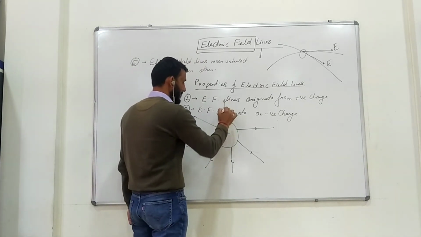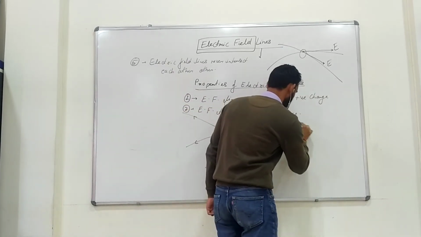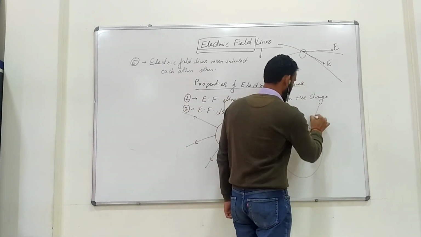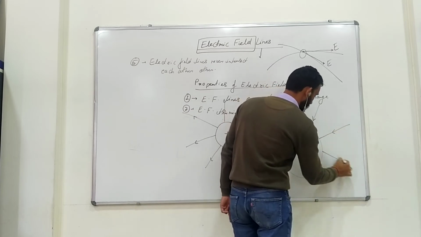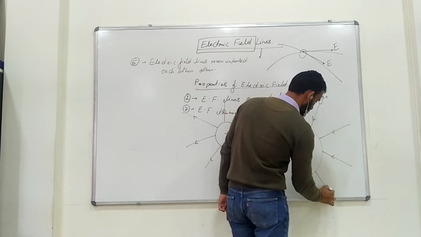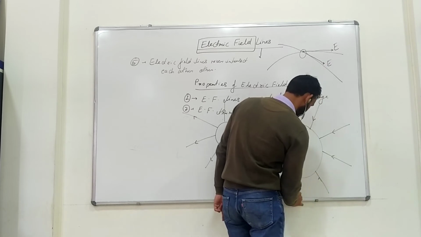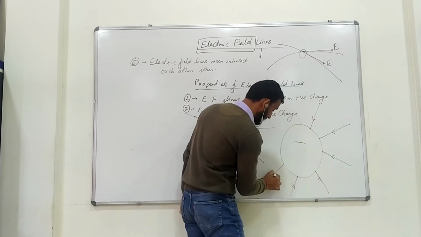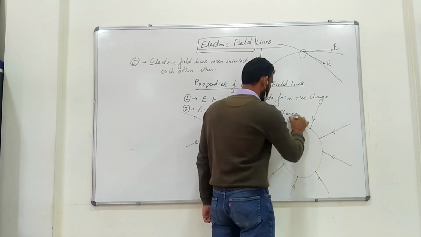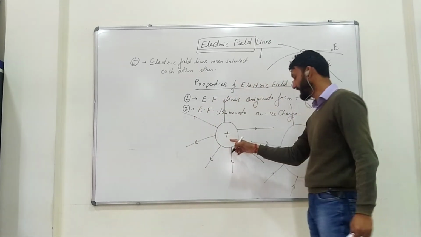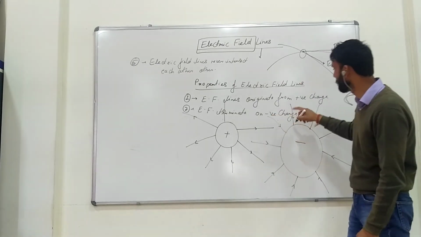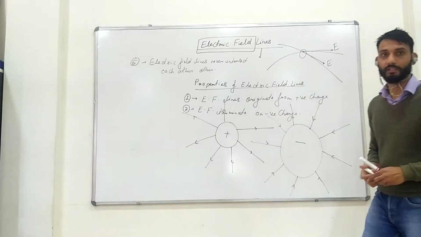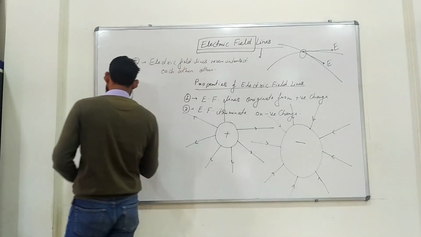Clear, guys? If you have a negative charge, then the electric field lines will move inwards. Please keep these two diagrams in your mind: for a positive charge they move radially outwards, and for a negative charge they move radially inwards because they are terminating on the negative charge.